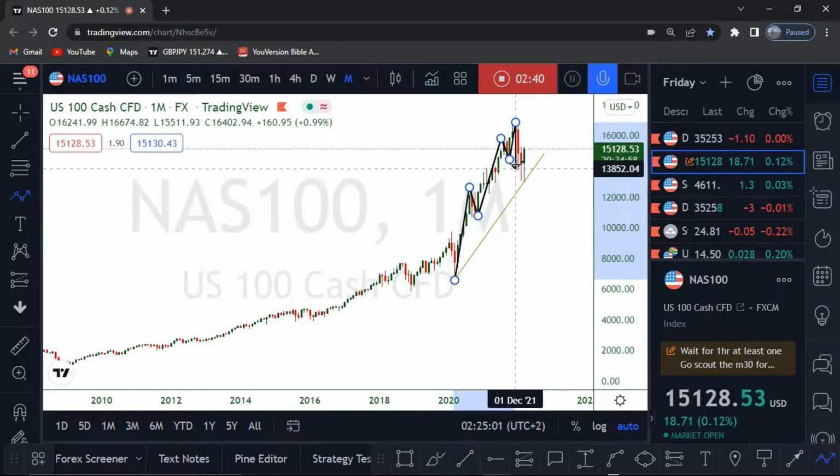Why is this a lower high, right? This low is actually lower than this higher low we made right here.